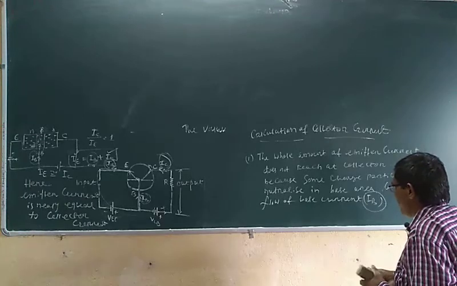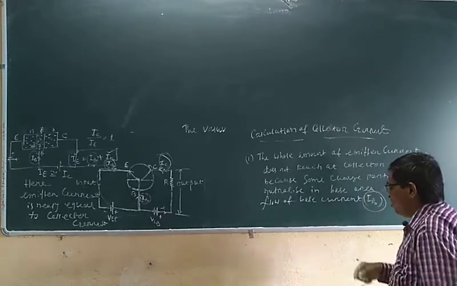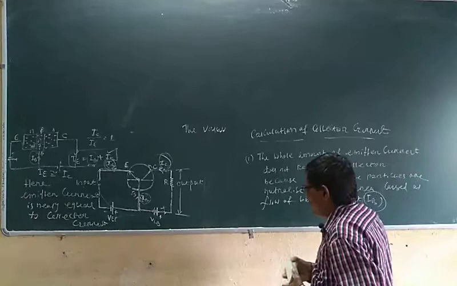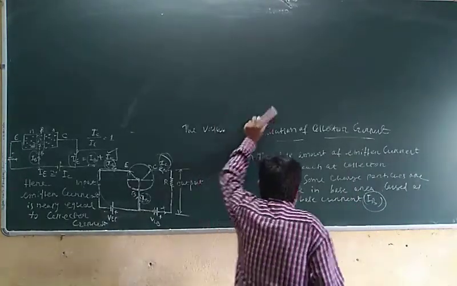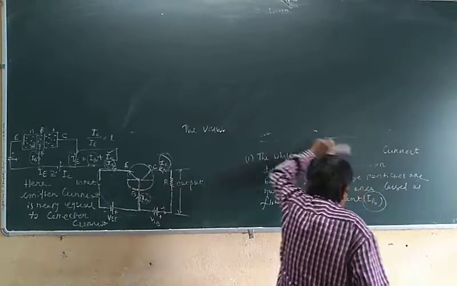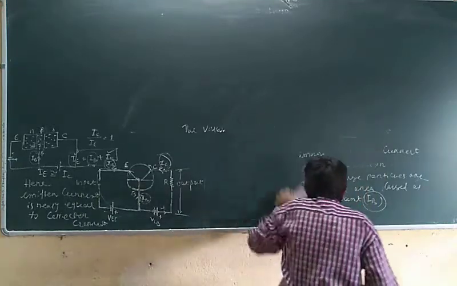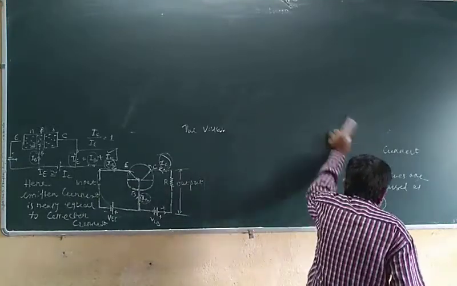Now, the total collector current consists of two types of current.